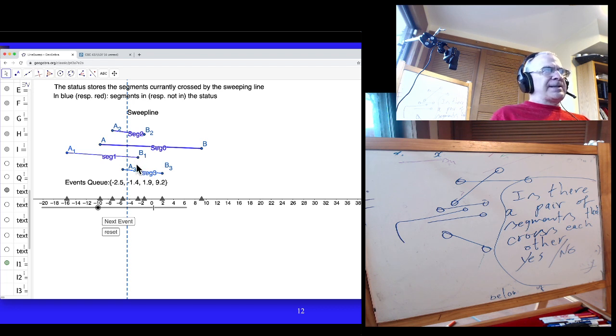And not in this example, but we will see that it's enough just to ask for a segment. Are you crossing the one just immediately below you or just immediately above you? It will be somehow sufficient for the task to check if any segments intersect.